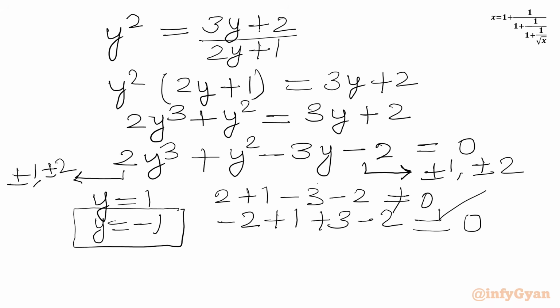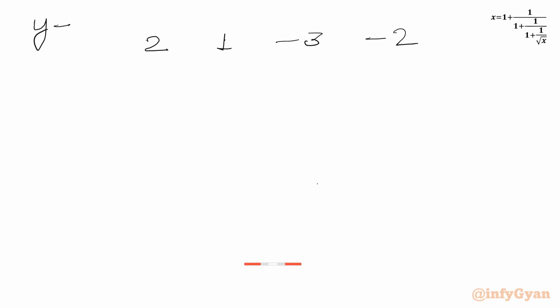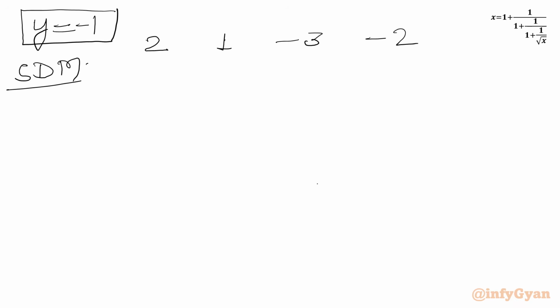Now we can use the synthetic division method. I write all the coefficients of the cubic equation: 2, 1, minus 3, minus 2, with base solution y equals minus 1. Our leading coefficient 2 stays as it is.